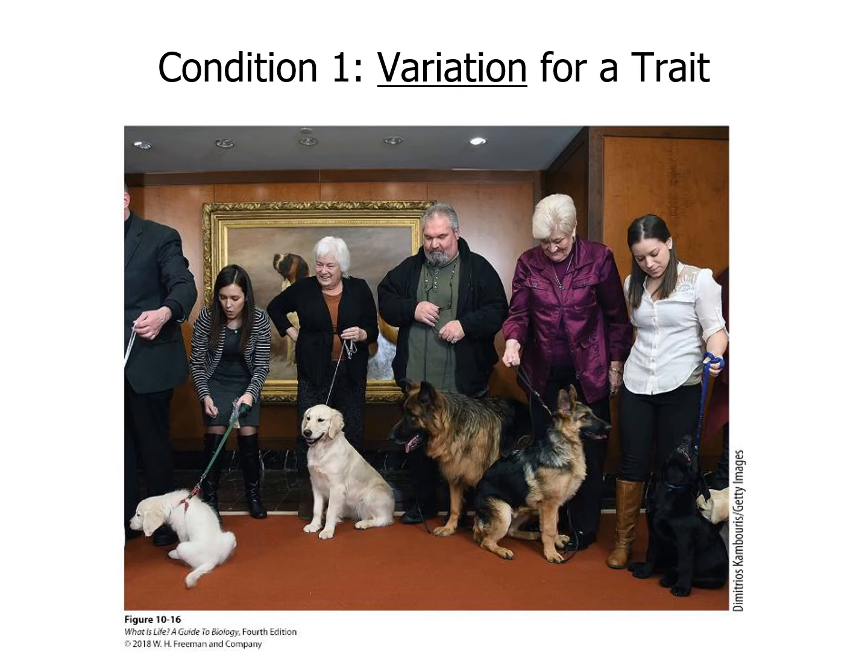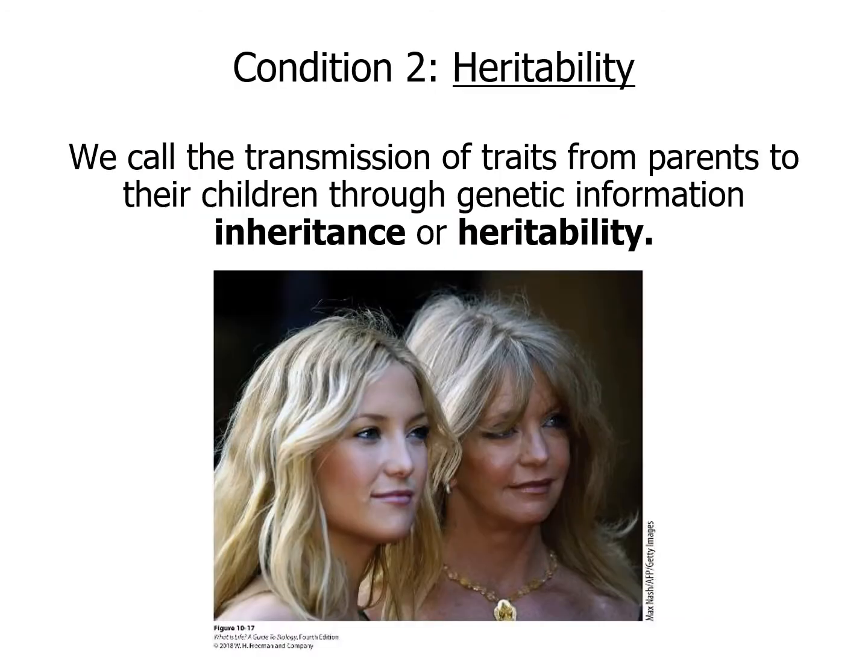And this doesn't necessarily have to be something that is physically seen on the outside. It can also include biochemical variations. The second condition is heritability. So we call the transmission of traits from parents to their children through genetic information inheritance or heritability.